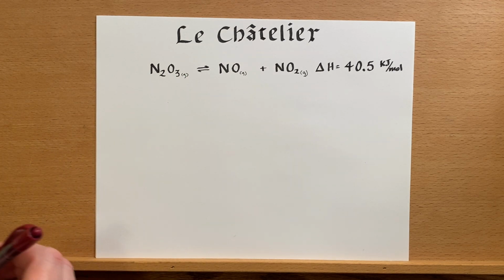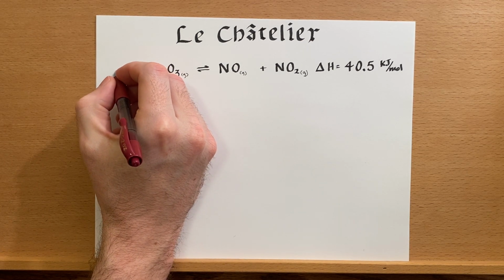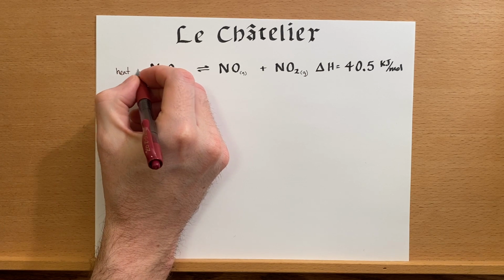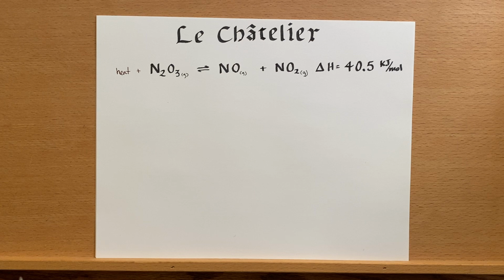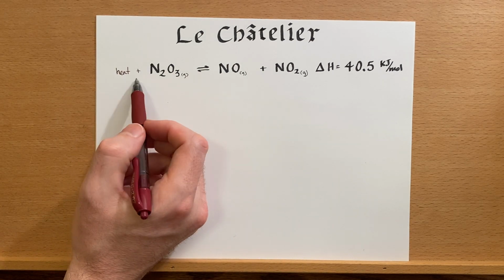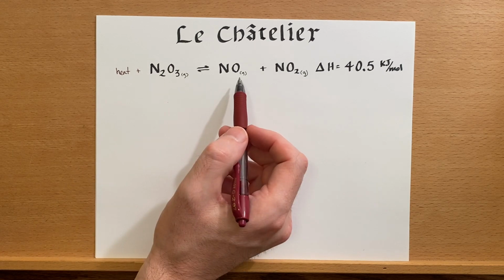So, while this is not actually what's happening, one of the things that you can do is just write heat on the side of the reaction that it is, right? So since it's endothermic, I'm going to write it on the reactant side because it takes heat to make the reaction go.